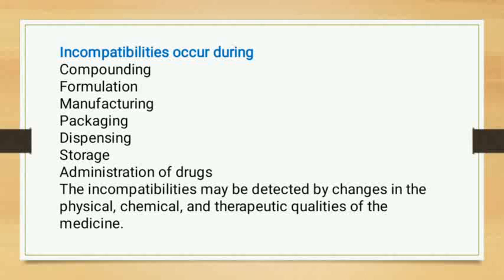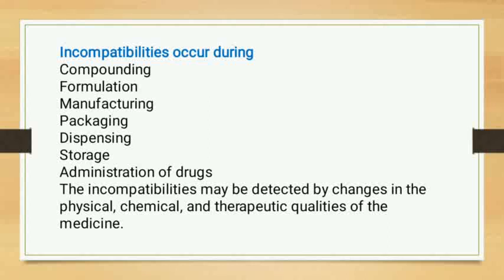So students, this can occur during compounding, or when you are formulating the respective product, or when you are manufacturing, right? The ingredients you have selected might not be fit to be used together. Or during packing, the packing material you select may react with the product that you are packing.